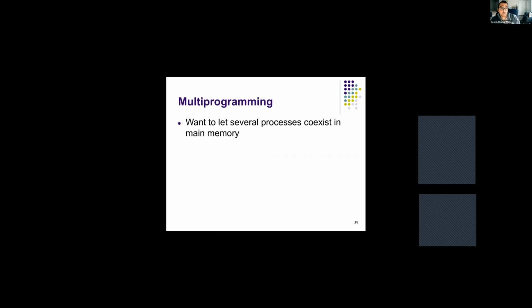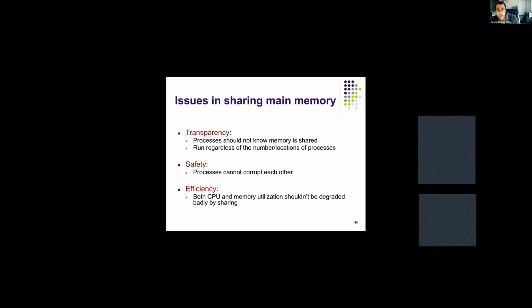And in case of multi-programming, where we want several processes to coexist in main memory, there are many issues to achieve that, right? So first, we need to be transparent. That means the process or the programmer should not care about where the process gets loaded. So it should be transparent to the processes. Irrespective of where we load the program, the process should run.